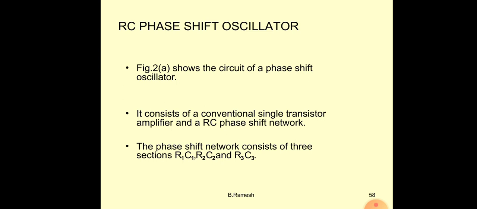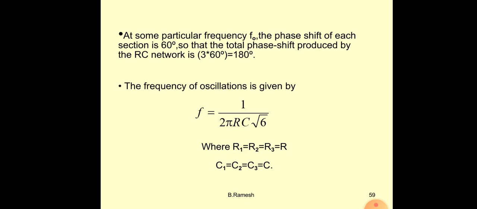The phase shift network consists of three sections: R1, C1, R2, C2, and R3, C3. At some particular frequency F0, the phase shift of each section is 60 degrees, so that the total phase shift produced by the RC network is 180 degrees.